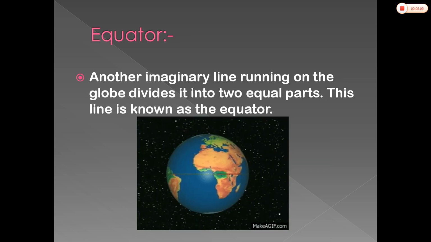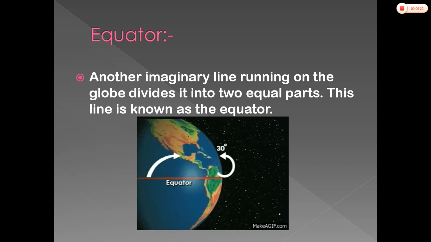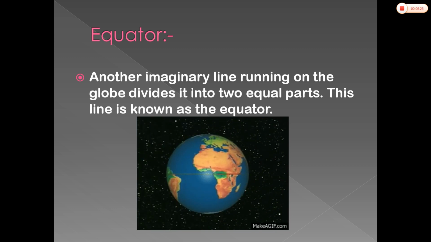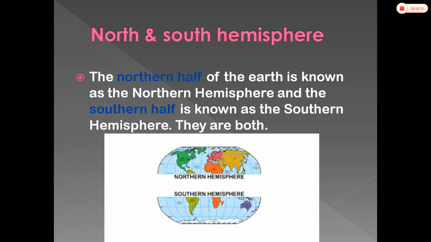Equator. What is the equator? If you see the center of the globe, you will come to know that there is another imaginary line that is running on the globe, and this line divides the earth into two equal parts. This line is known as the equator. This line is also known as the 0 degree line.